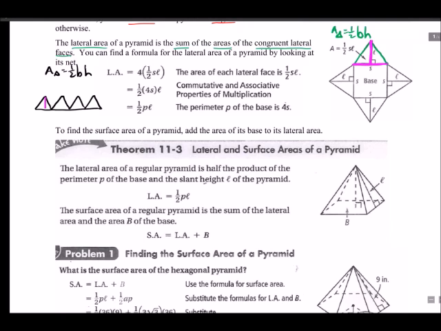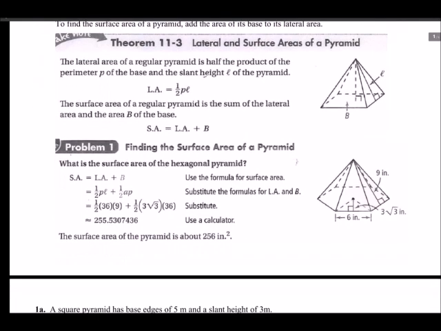Our height is our slant height. And where does the base come from? Well, the base comes from that right there. That is the perimeter of the base, just like we did when we did the area of our regular polygons.